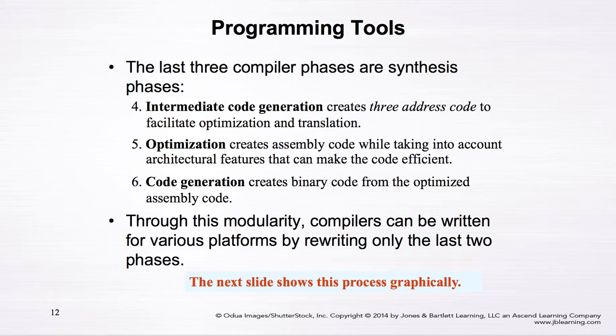The last step is code generation, which creates the binary code from the optimized assembly code so that the machine can execute the code. Through this modularity, compilers can be written for various platforms by rewriting only the last two phases.